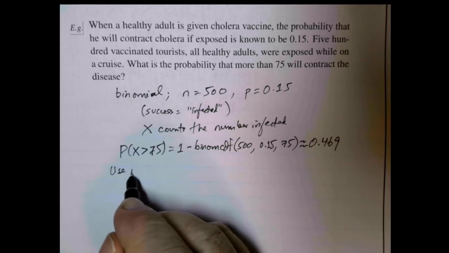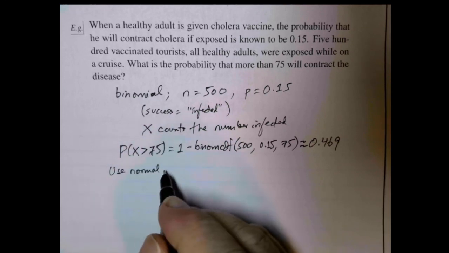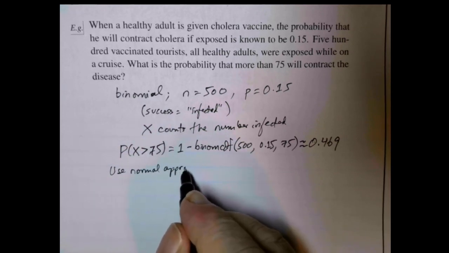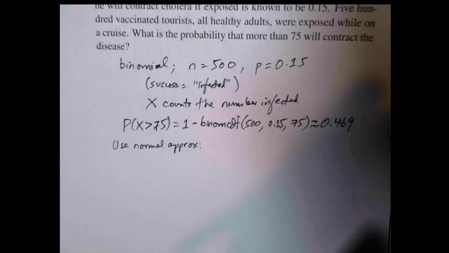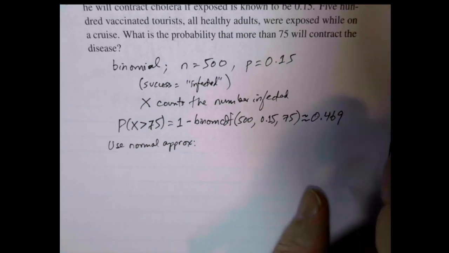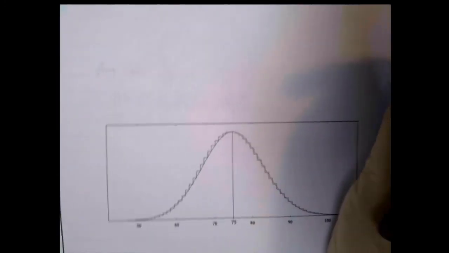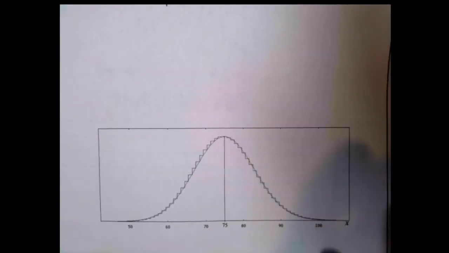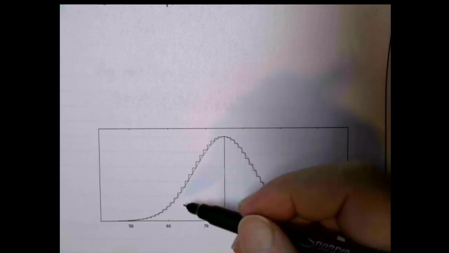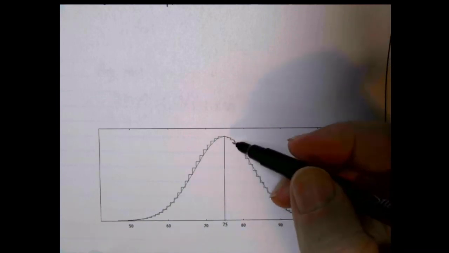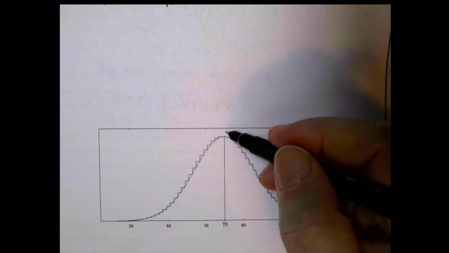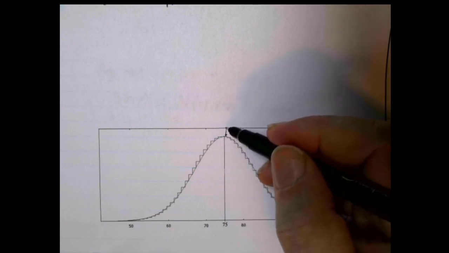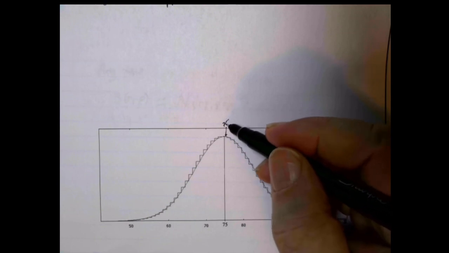When we're using normal CDF, when we use a normal approximation, we don't compute the probability that x is greater than 75 because we've switched. Here's a picture of the two distributions, and you can see they're really close. What's normal to do, what's the usual thing to do, is to use 75.5.